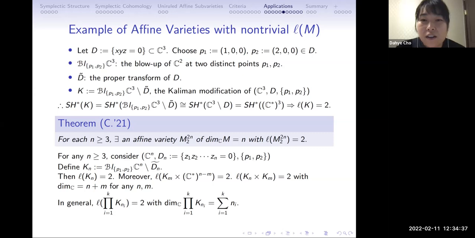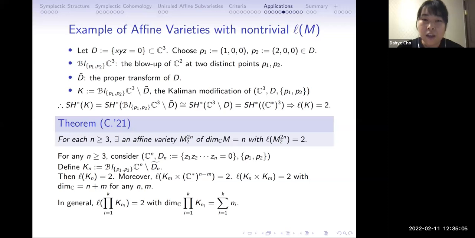Before the Kaliman modification, C cubed minus the divisor is C star cubed, and the symplectic cohomology does not change. But when we blow up 2 points and delete the proper transformation, we actually have extra 2-cycles. So the L invariant becomes 2.